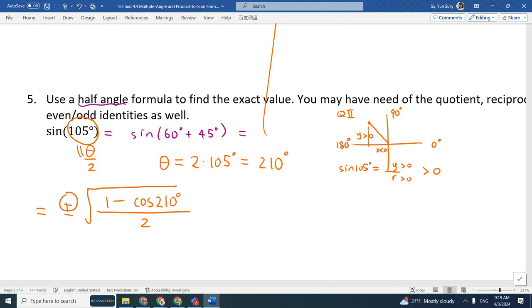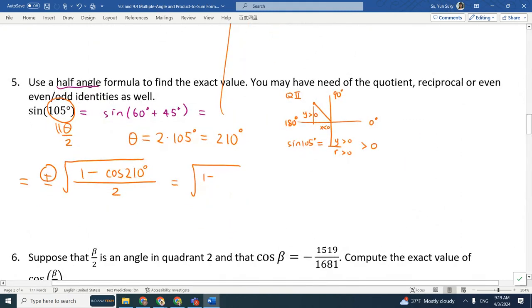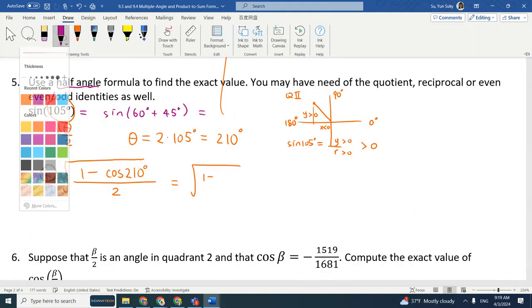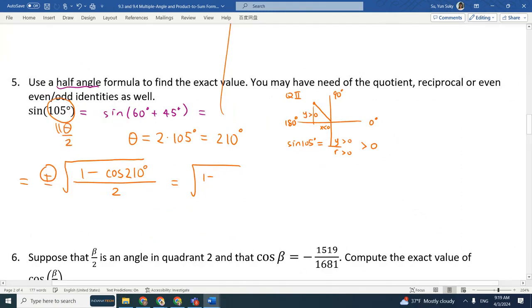And next. So we have positive square root of 1 minus. Now, what is cosine of 210 degrees? For this one, we need the reference angle. Where is 210 degrees?